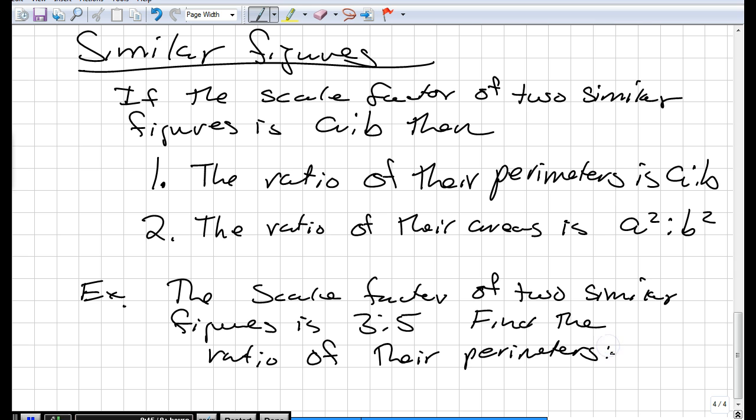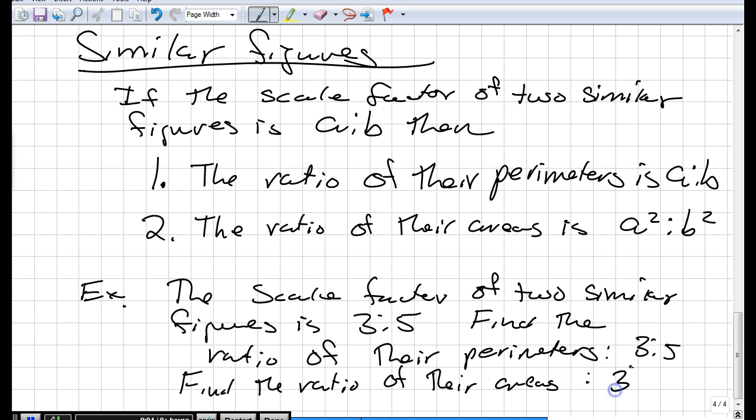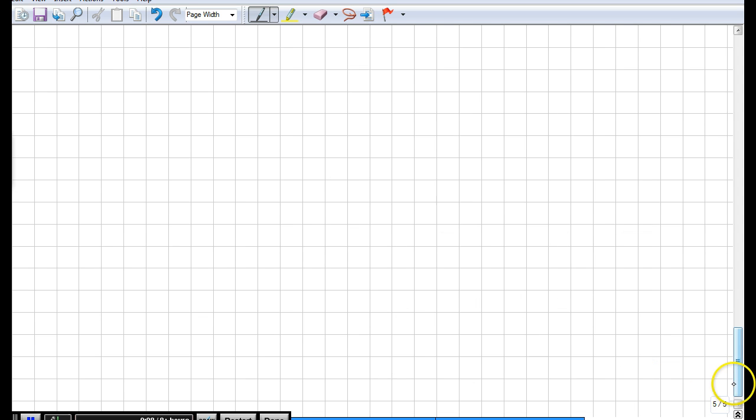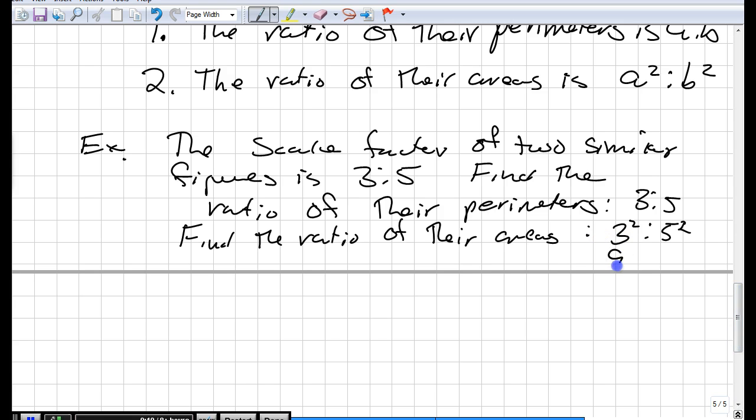Well, the ratio of the perimeters is just the scale factor, so it's going to be 3 to 5. Find the ratio of their areas. Well, the ratio of the areas is just the scale factor squared, so 3 squared to 5 squared, which is 9 to 25, which doesn't reduce.